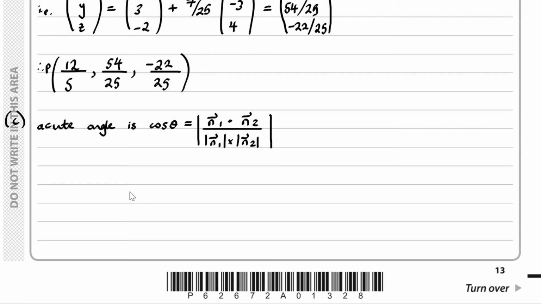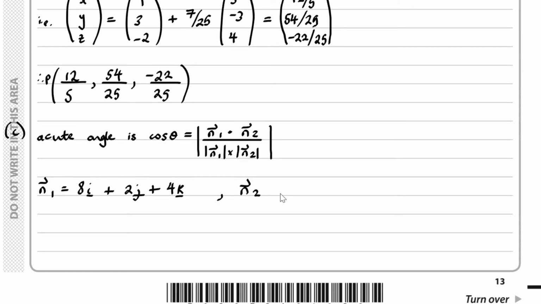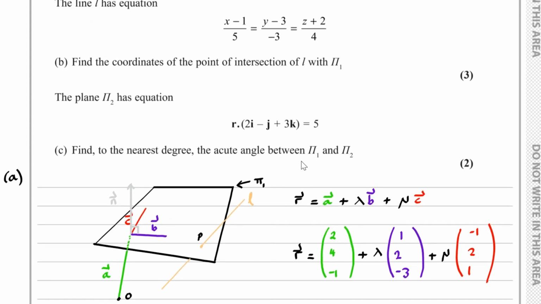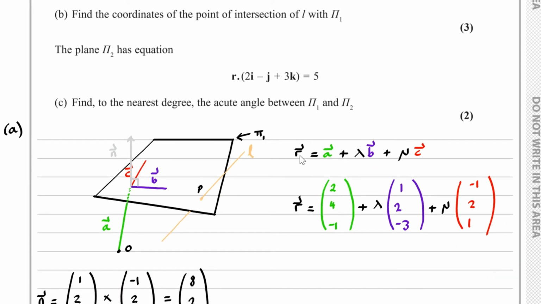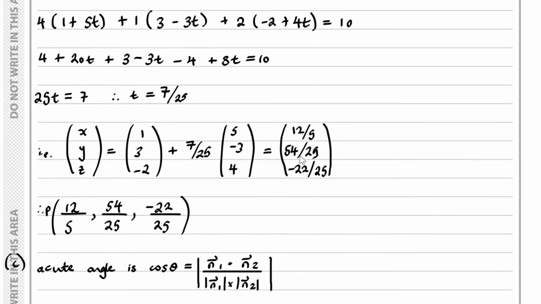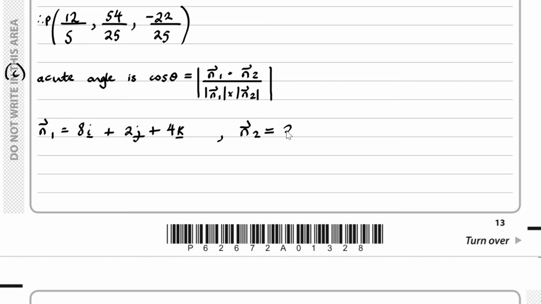Now we know already that n1 is equal to 8i plus 2j plus 4k, and we also know n2, if we go back to the question, that's 2i minus j plus 3k.